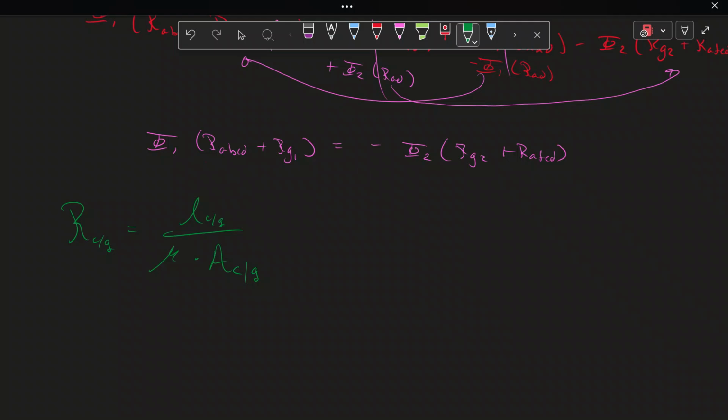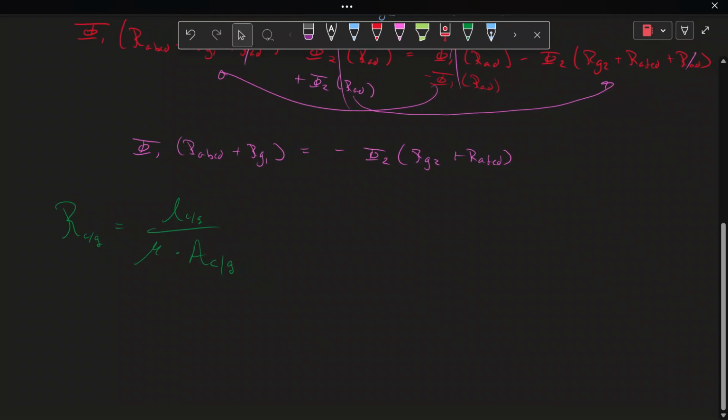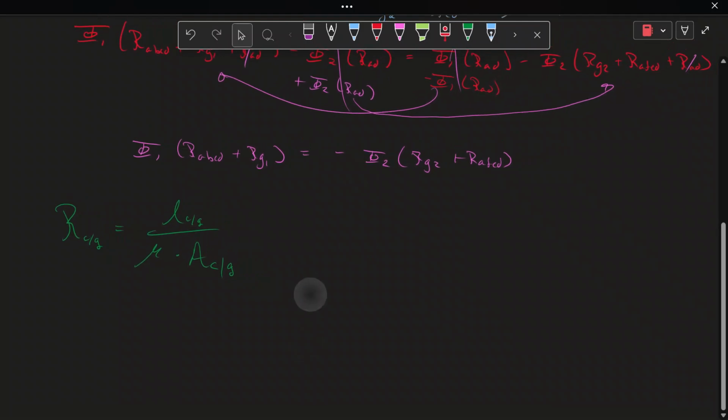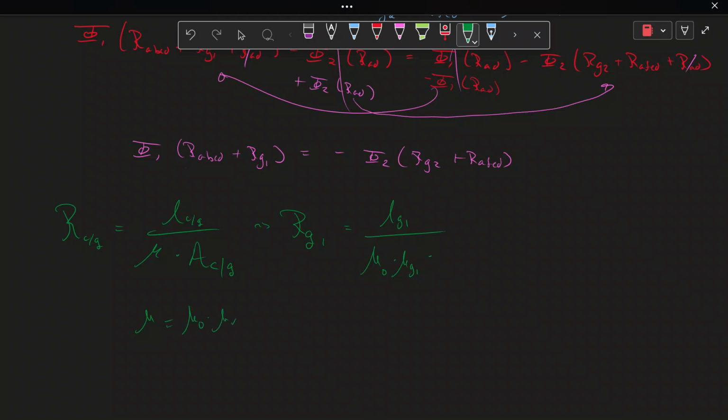So let's find the air gaps first, because that's essentially what we're trying to find, the flux of the air gaps, right? So the reluctance of air gap 1 is going to be equal to length G1 divided by mu naught times mu of G1, because remember, mu is equal to mu 0 times mu r, the relative permeability times the free space permeability.